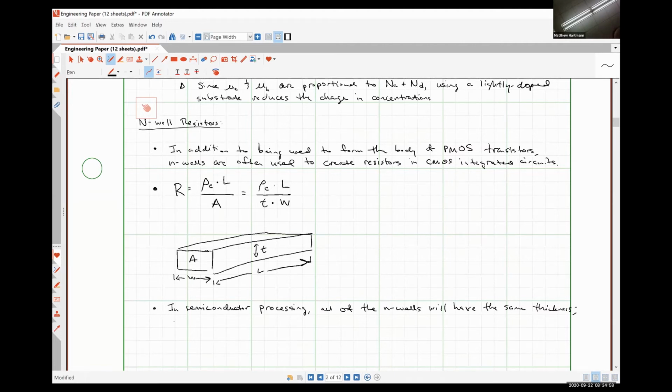The designer can only control W and L. So does anybody know why all of the wells have the exact same thickness? It's what's the standard, right? The CMOS 5 or what, right?